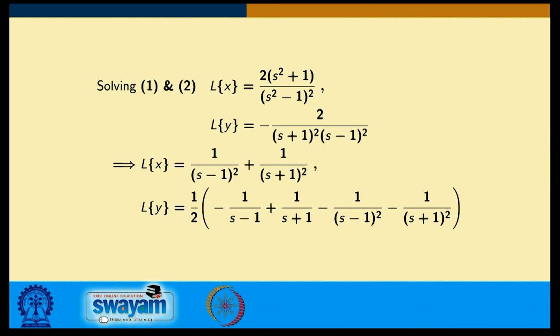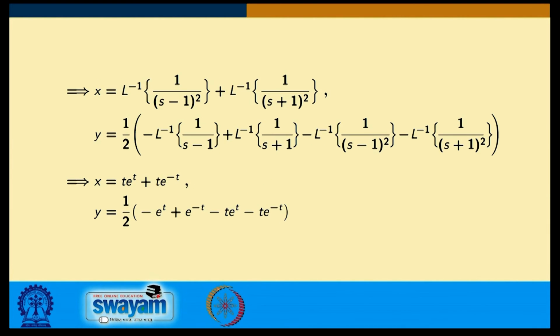By solving these two equations, I can tell what the Laplace transform of x and Laplace transform of y are. And from there, I can write down the Laplace inverse also, just by breaking it into parts. And from here, I can tell what my x and my y are, which I have already written.